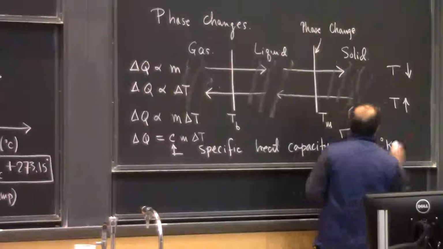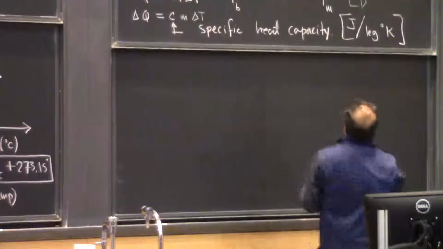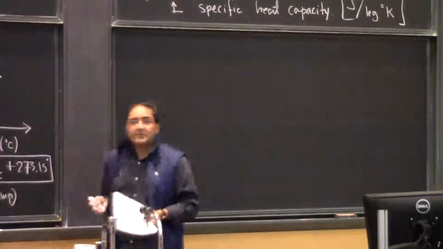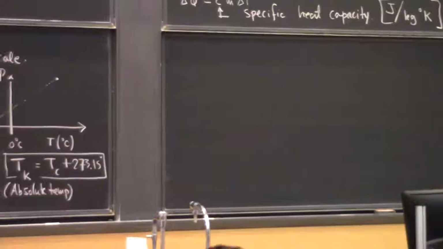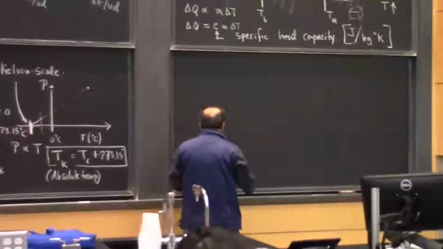That's the unit for specific heat, that is. So for every substance, the specific heat capacity C would be different. So specific heat capacity depends upon the phase and depends upon the substance.